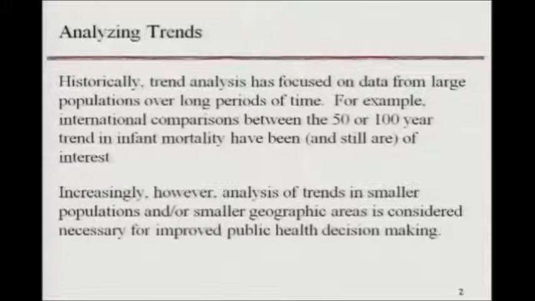So sample size, both in the sense of lots of sample size at each time point, and also lots of time points. So we're more interested in doing shorter periods of time and possibly in small geographic areas or for small subpopulations, so that we have small sample size in both dimensions, both at each time point and in terms of the number of time points themselves.